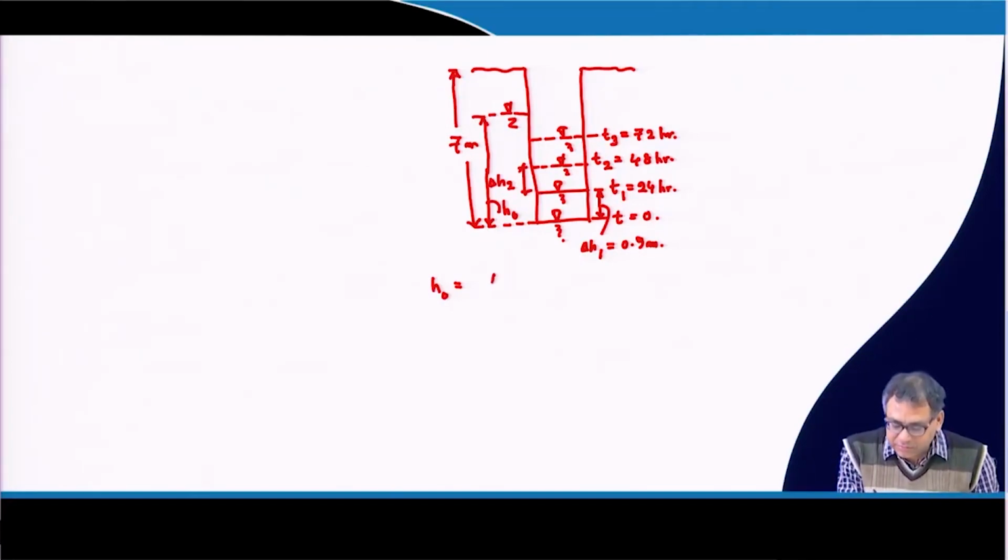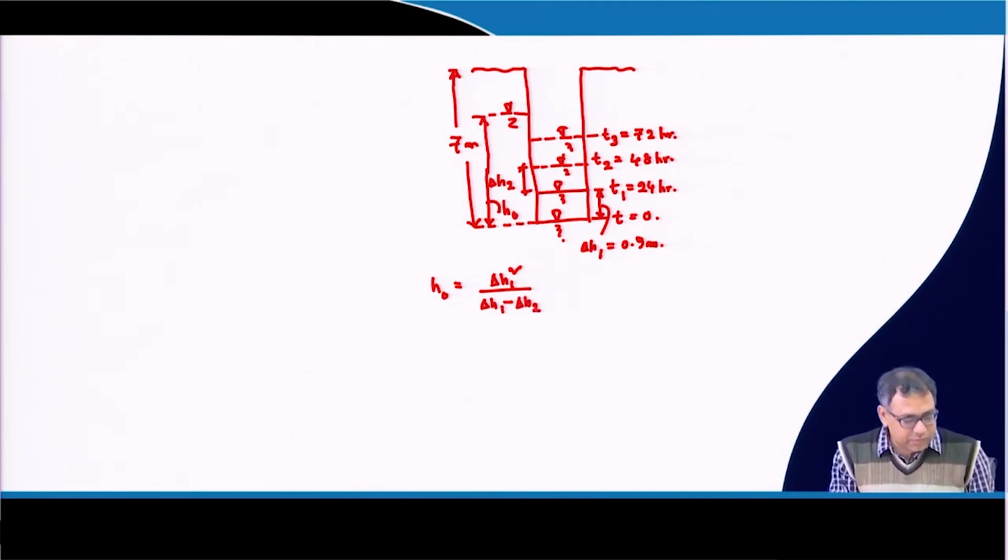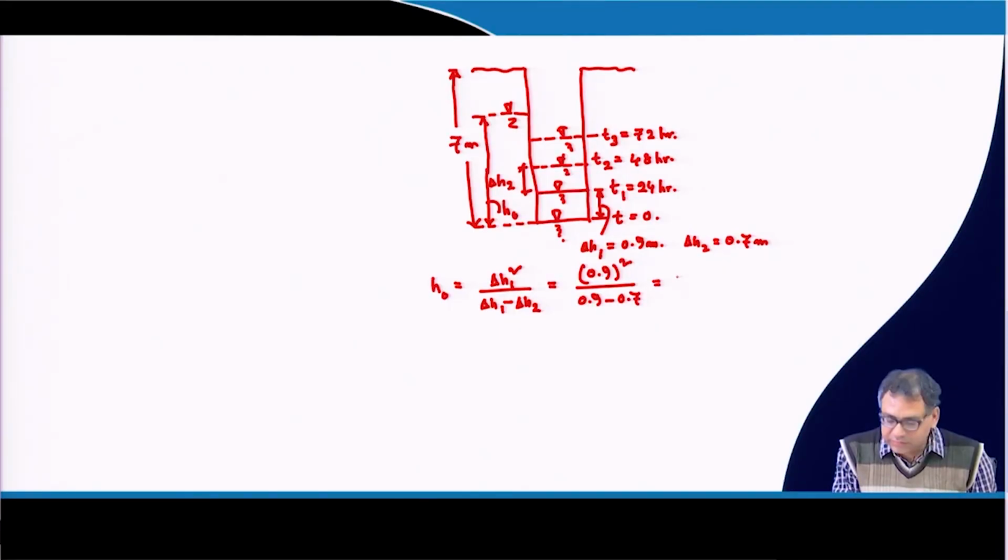So, the h0 expression we know is del h1 square divided by del h1 minus del h2. So, we can put some value, say del h2 is 0.7 meter. So, we can put 0.9 square divided by 0.9 minus 0.7 say. So, this will be roughly 4 meter.